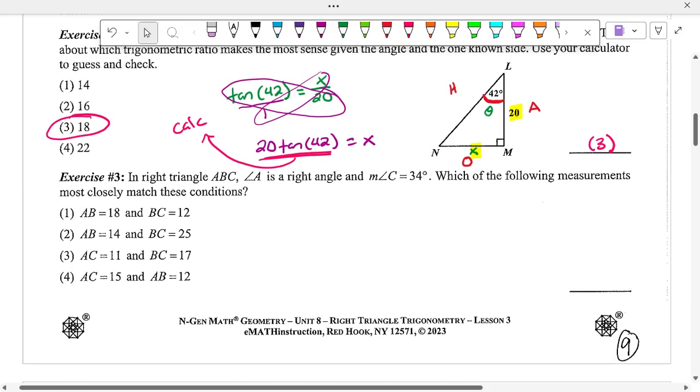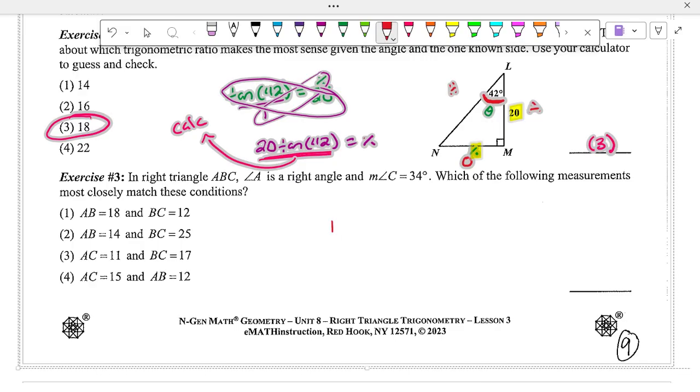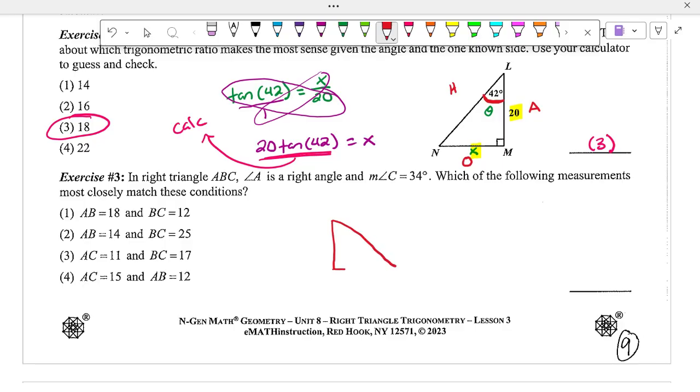Now, exercise 3. If ABC is a right triangle where A is the right angle, all right, so let's just draw a quick sketch of this. A, B, C. A is the right angle. C is 34 degrees. Which of the following measurements most closely match these conditions?